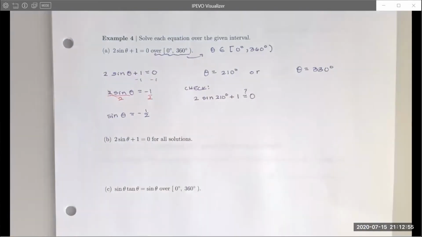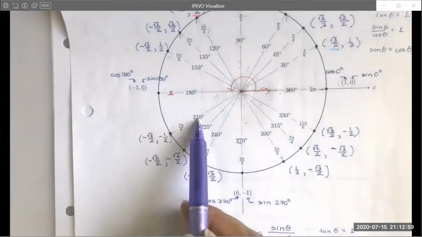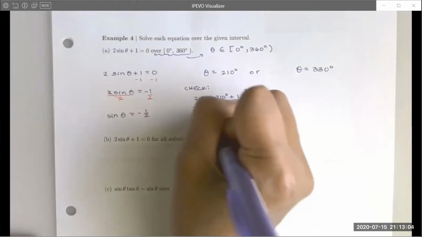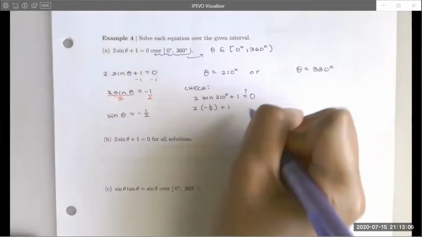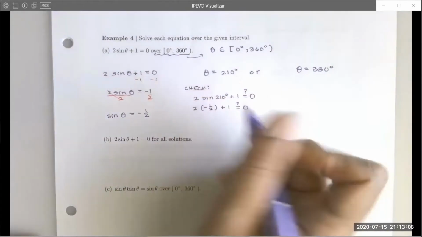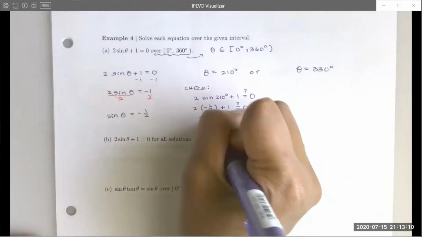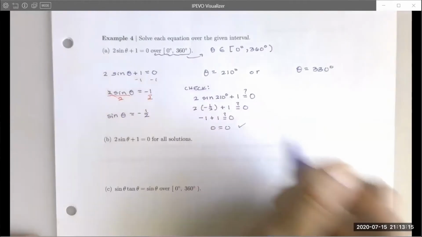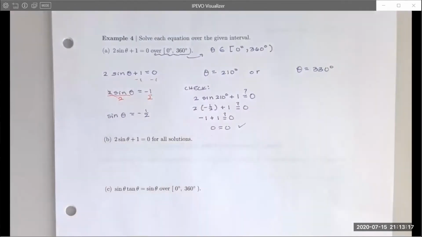Well, let's see. Sine of 210 degrees according to the unit circle is negative 1/2. So this is 2 times negative 1/2 plus 1. Does that equal 0? This is going to be a negative 1 plus 1. Does that equal 0? Yes, that is correct. Okay, so our 210 looks good.